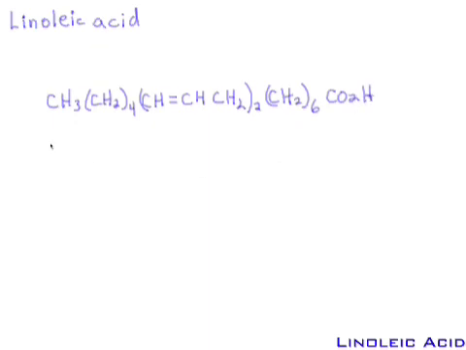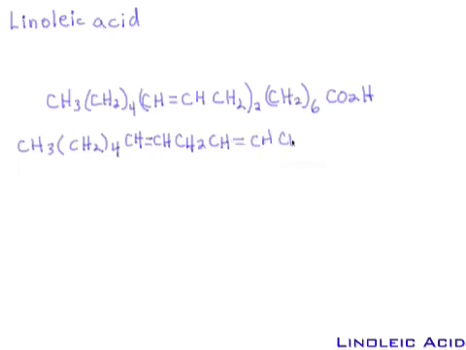If we were to draw that middle section out, let's make it a little easier to understand. You'd have CH, double bond CH, CH2, and then you repeat that, CH, double bond CH, CH2, and then the CH2 6 times, followed by your CO2H.